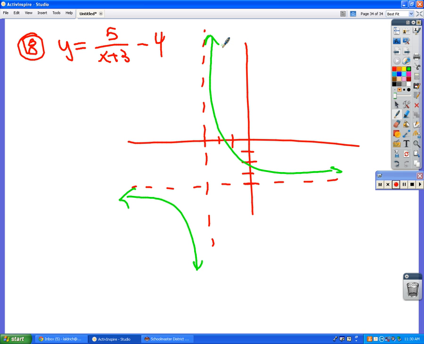Because it was negative. Okay, so the domain, so we're talking x's. Negative infinity to negative 3, negative 3 to infinity. How about the range? Negative 4. Negative infinity to negative 4 and negative 4 to infinity.